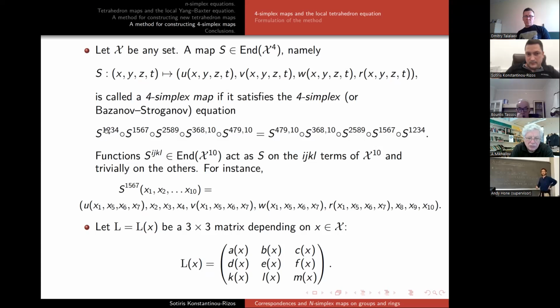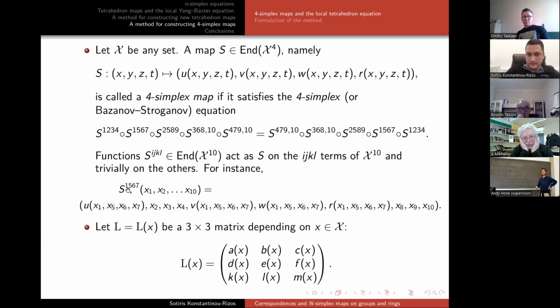Again, the indices here mean that, first of all, these functions are acting on a set of 10 variables from the same set X capital. So the indices I, J, K, L mean that these functions act on the I, J, K, L element of this set of 10 elements as the map S, and they act on the rest trivially.